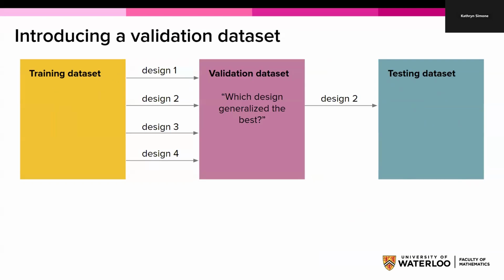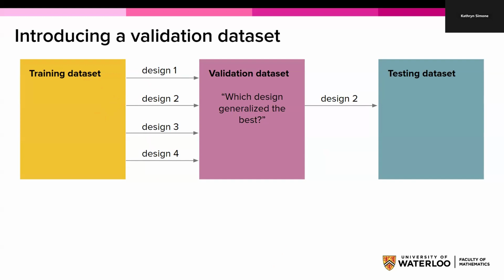So what can you do? Well, you can introduce something called a validation data set. So within the block of data that you had, now you partition that into three sets. And so what this means here is that using your training data set, you come up with several different versions of your model, each of which uses a different combination of hyperparameters.